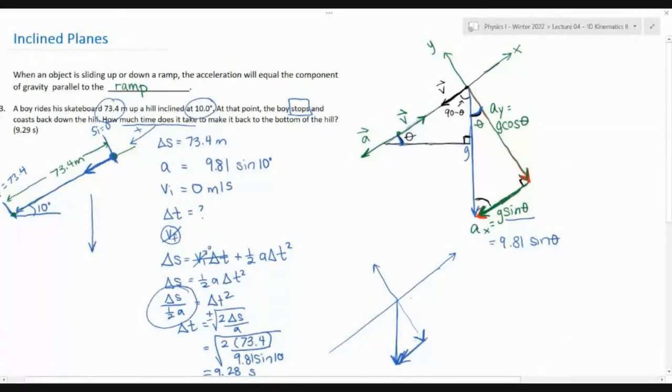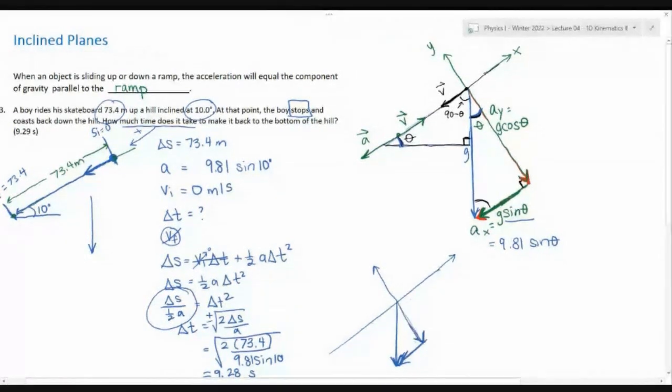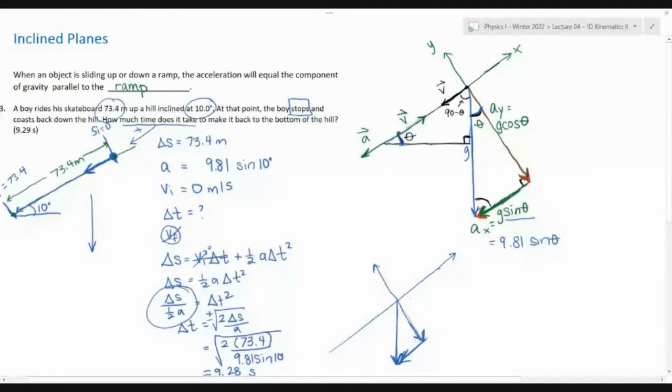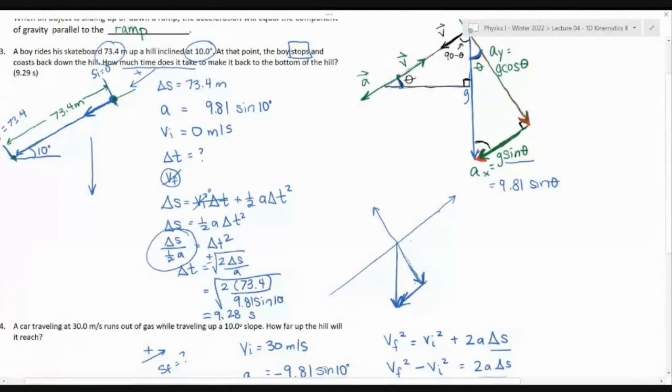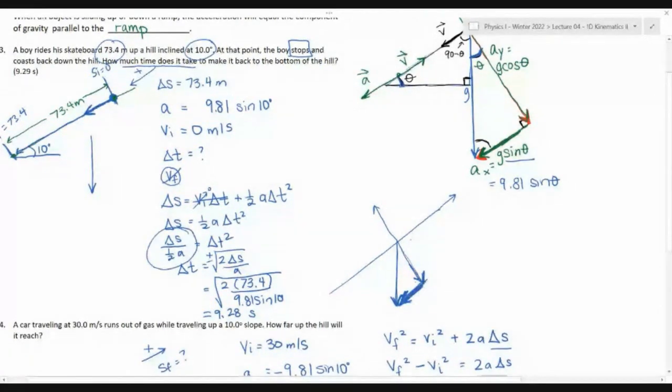Because you're decomposing. When you decompose a vector, it means that you're always drawing a triangle where the two sides of the triangle you draw are perpendicular to each other. And because you're trying to find the acceleration that's parallel to the ramp, you're finding this vector right here.